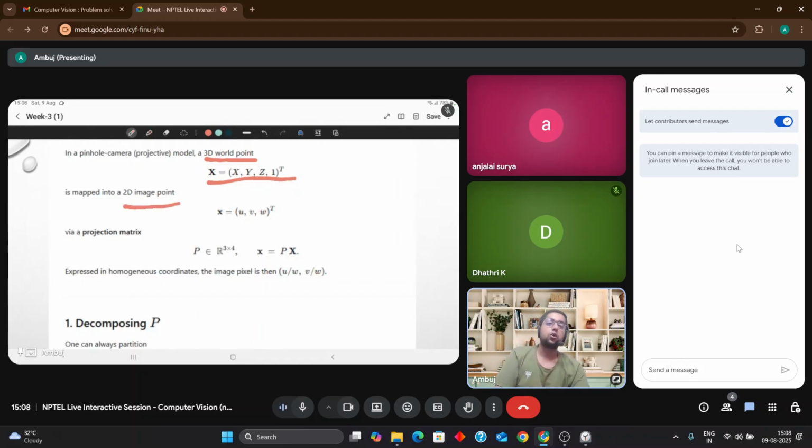Why are we doing it? Because I am a 3D object, but in computer vision everything is read through a camera. So a 3D object will be assessed, or the image will be captured, through a camera.